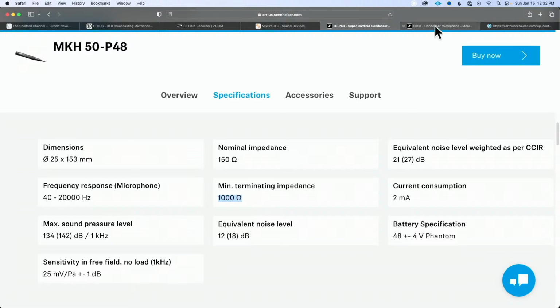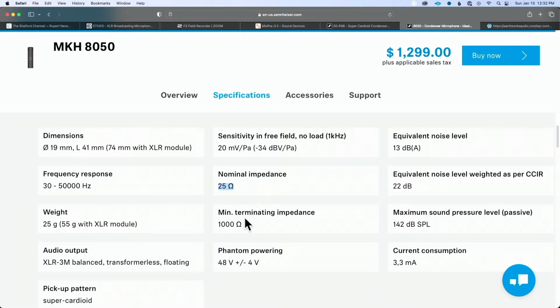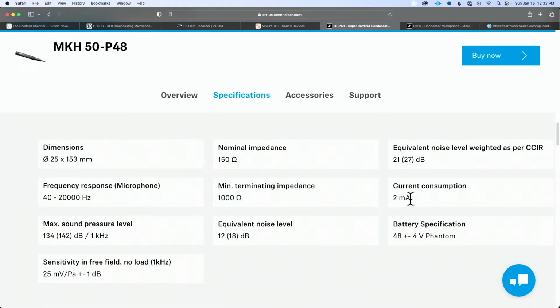That's for the 50. Same for the 8050, it turns out. So that's the same. Current consumption on the 8050 is 3.3 milliamps, whereas the 50 consumes 2 milliamps. So clearly the electronic design is different between the two microphones.